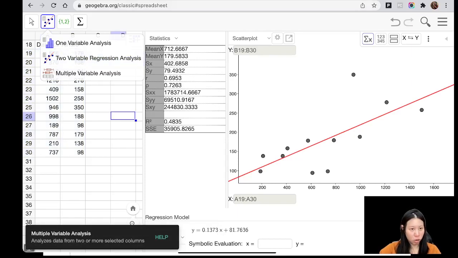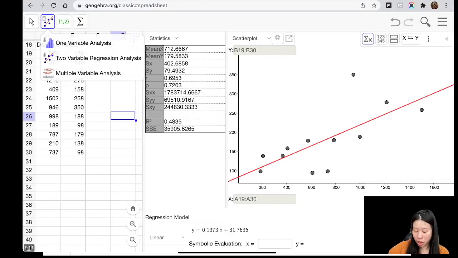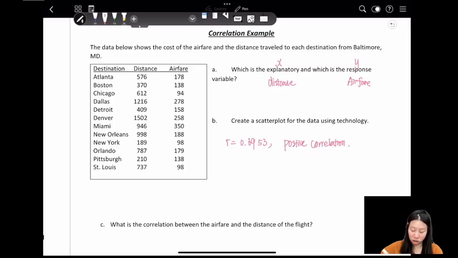Okay, so the next one, they ask what's the correlation between the airfare and the distance of the flight. From the statistics, we found that R is equal to 0.6953, and this is going up, which is a positive correlation. And I would say 0.6953 would be a moderately strong correlation.